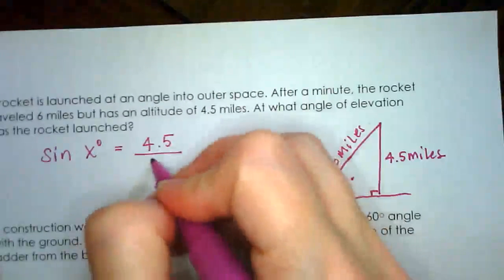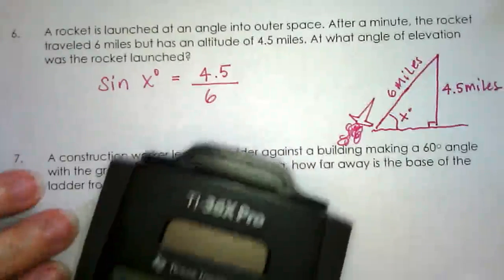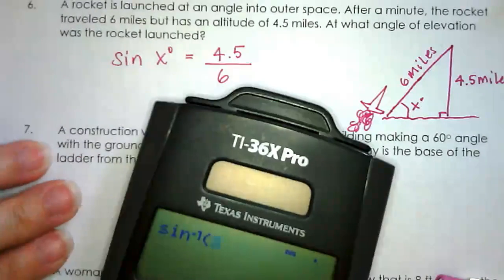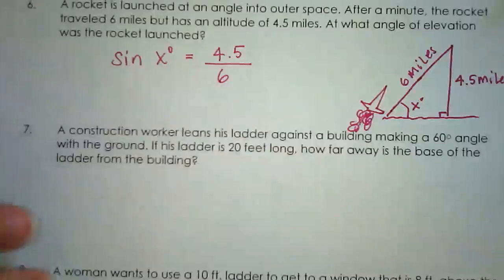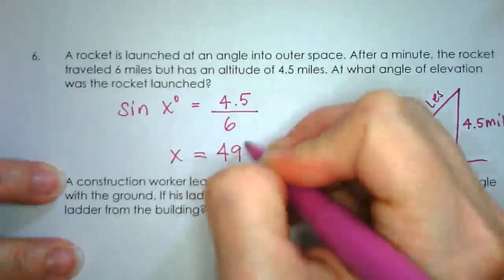The hypotenuse is 6. This time I'm looking for the angle. So remember, when we need the angle, we need to do the inverse. So the inverse sine of 4.5 divided by 6 gives us a 49-degree angle. So x is 49 degrees.